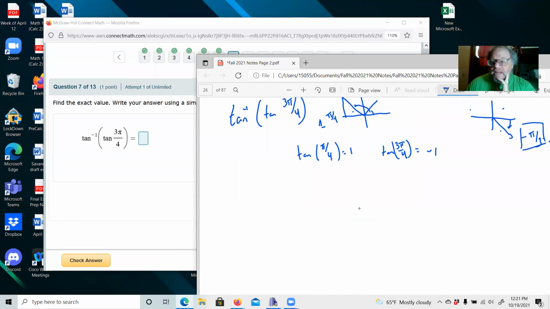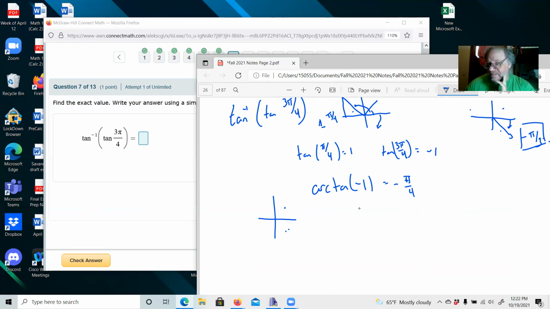Now we're going to do the arctangent of negative 1. That's going to give me something in the first and fourth quadrant, but really it's the first and negative first quadrant. When is tangent equal to 1? Well, we got a pi over 4 type of an angle, but it's going to be down here.